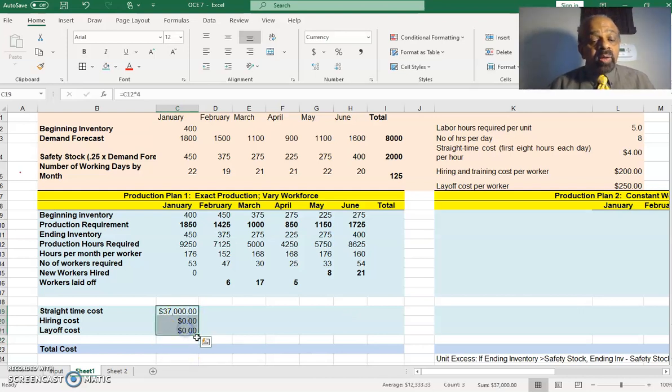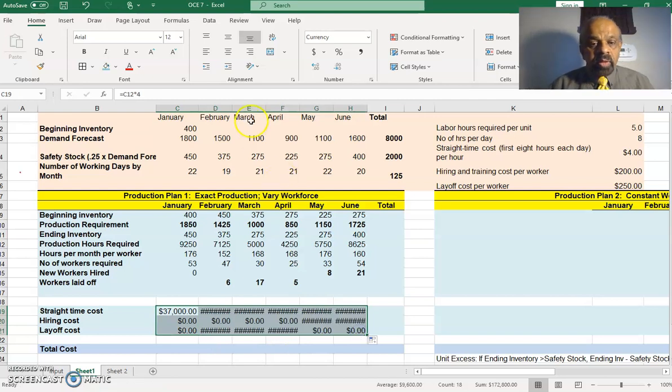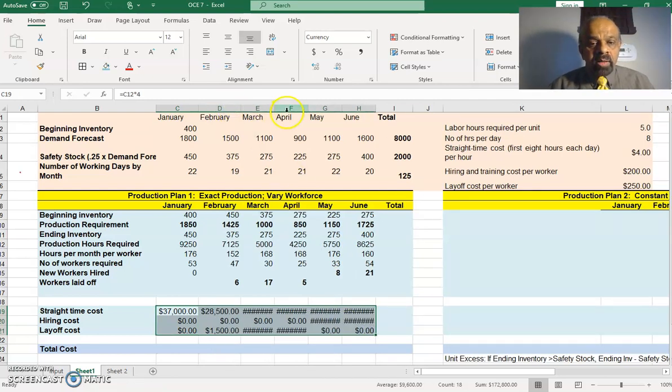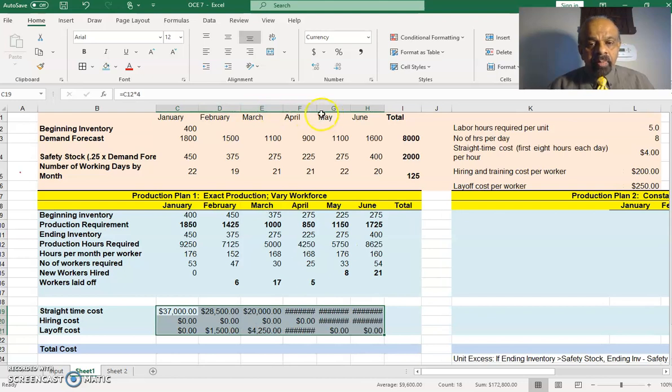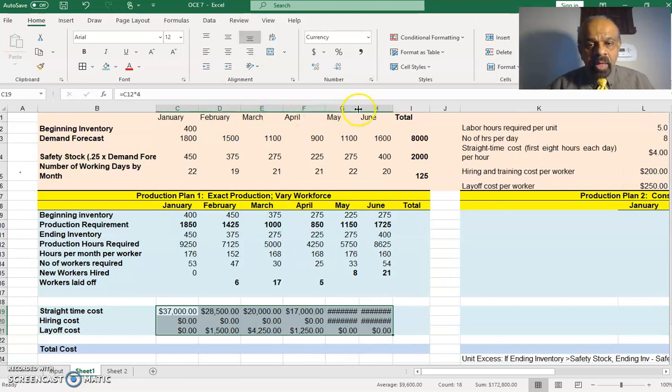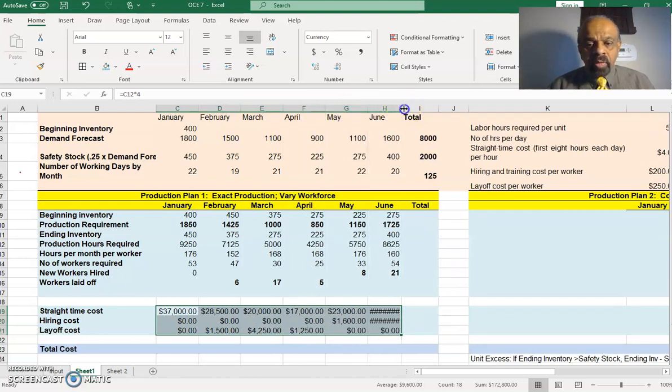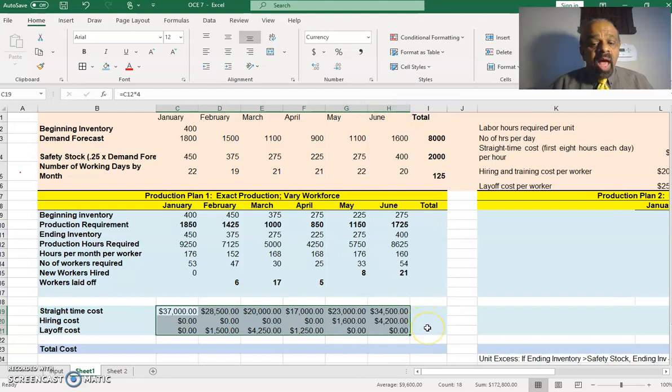I'm going to highlight all these, and I'm going to copy and paste. I'm going to make this a little bigger so that you can see. By clicking at the top, I can make this bigger. So now I can calculate the total cost.